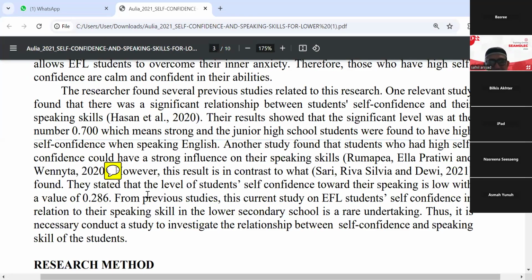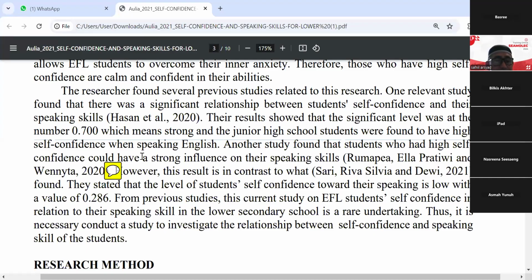But because they only refer to local studies, all of them also in Indonesia, I think, it is not aimed at international journals. If it is for international journals, we have to include studies from many other countries, not just one country.